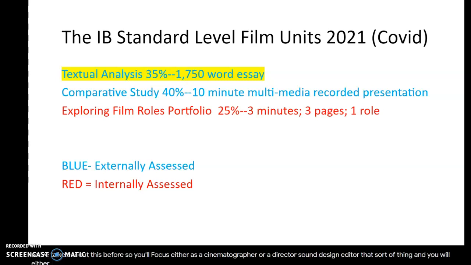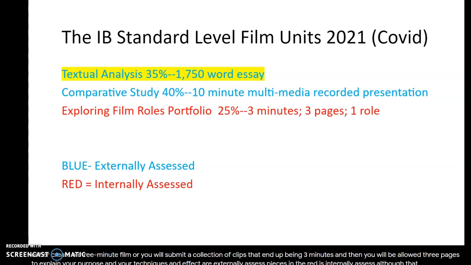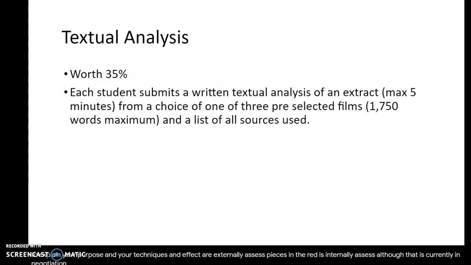And you will either create a 3-minute film, or you will submit a collection of clips that end up being 3 minutes, and then you will be allowed 3 pages to explain your purpose and your techniques and effect. And the blue are externally assessed pieces, and the red is internally assessed, although that is currently in negotiation.